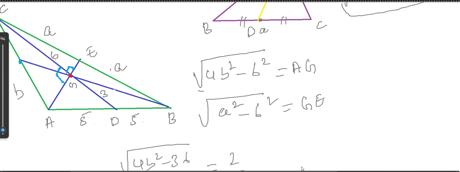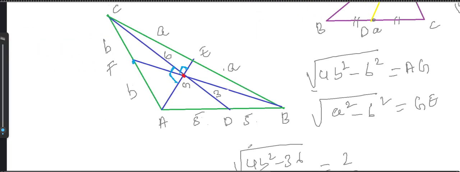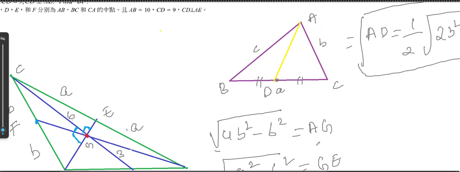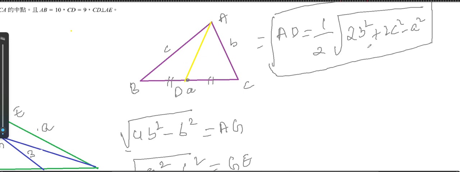So here we are going to develop another equation. Users can observe here. The length of the median here is 9 units from C to AB. So 9 units are going to be equal to half of square root of twice b square plus twice c square minus a square.